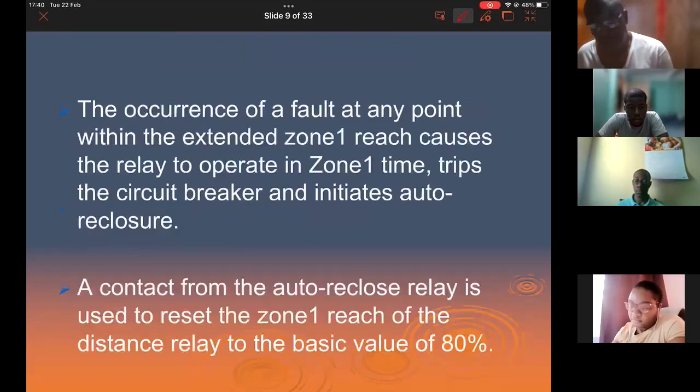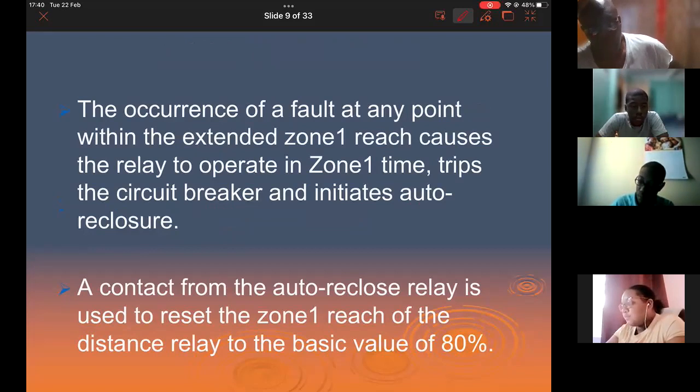In terms of when it operates, what happens is that the relay will operate in zone 1 time for faults that occur in zone 2.